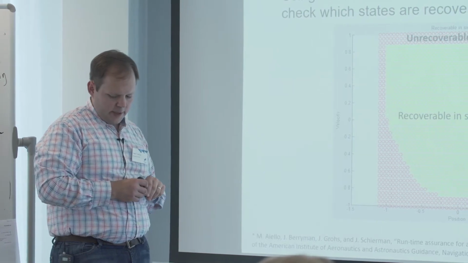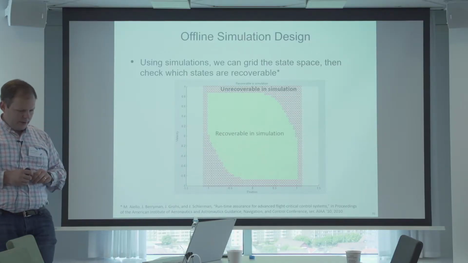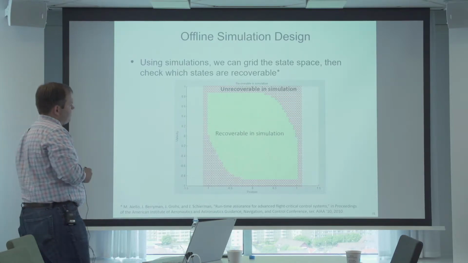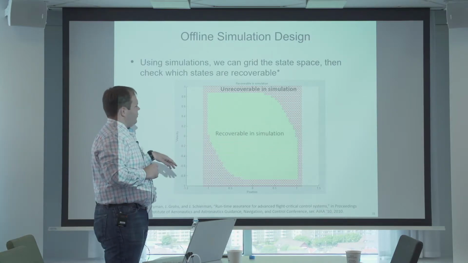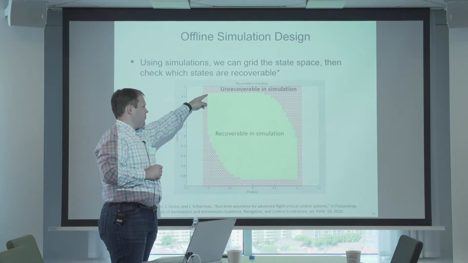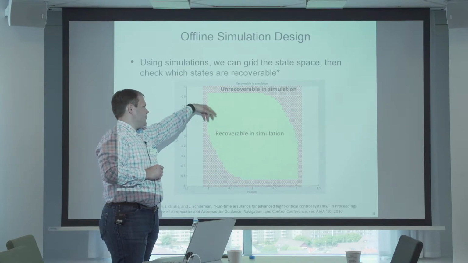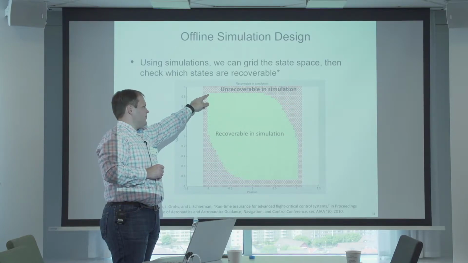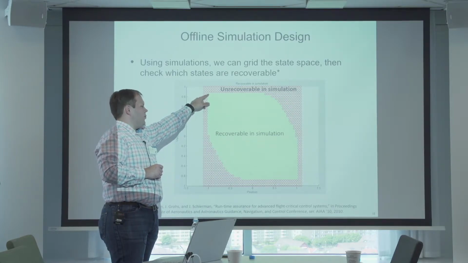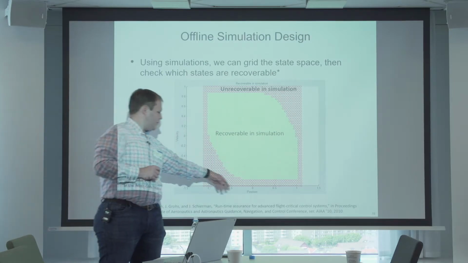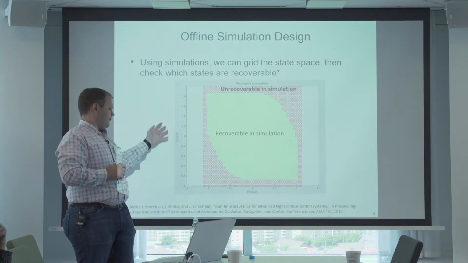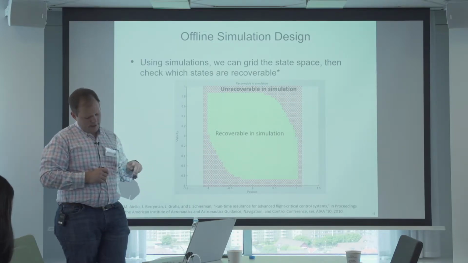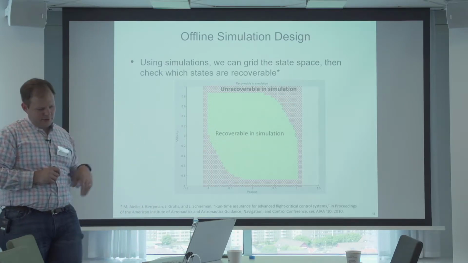There are a couple ways that you could do this. One way is offline. You could imprecisely characterize the recoverable states. Recoverable states are those that you can show, in this case, by having discretized the state space and running a simulation with the various constraints that exist on the system: from that point, can I get back to the equilibrium point? This is a 4D system with the position and velocity, and then the angular position and angular velocity.